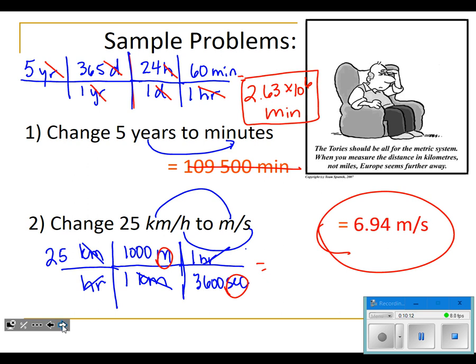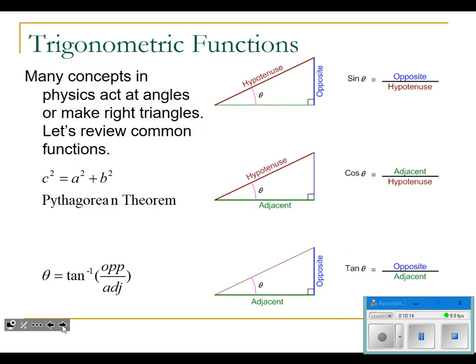All right, trig functions. We will be using Pythagorean theorem, and we will use trig. Everything we do in physics, because it's algebra-based, will be right angles. So all of these are also underneath the geometry section of your formula chart. But a squared plus b squared equals c squared, we will use that.